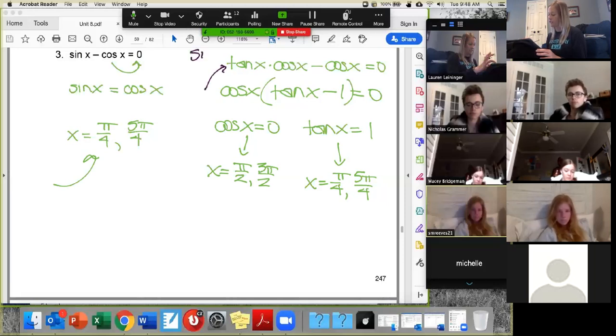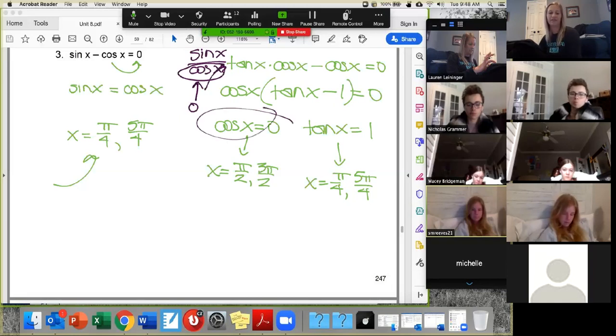Tangent is essentially sine over cosine, which is fine to use, but when you are solving, what are you not allowed to have on the bottom of a fraction? An x. Nope. What number? 0. And that's what we have right here.